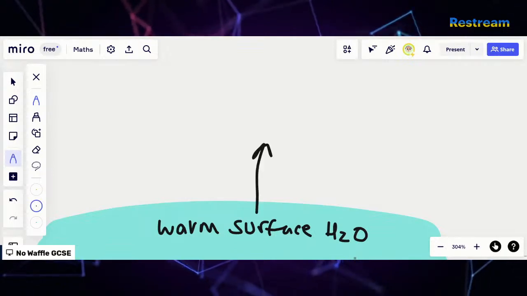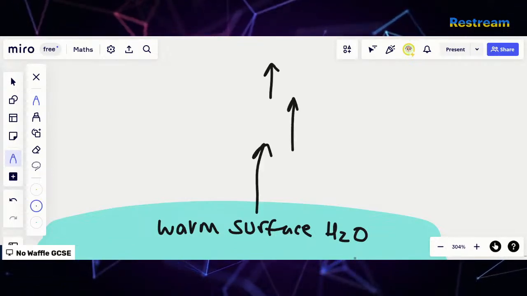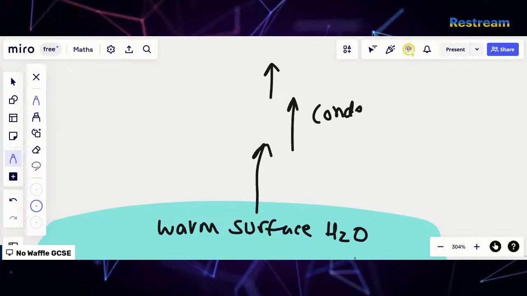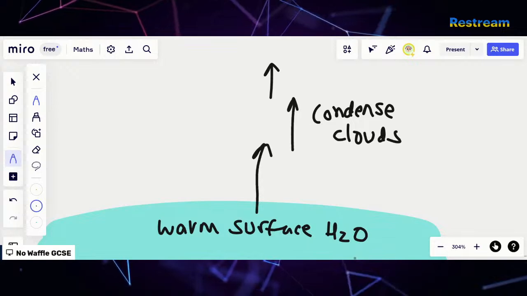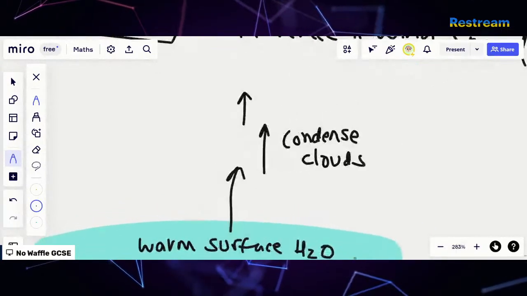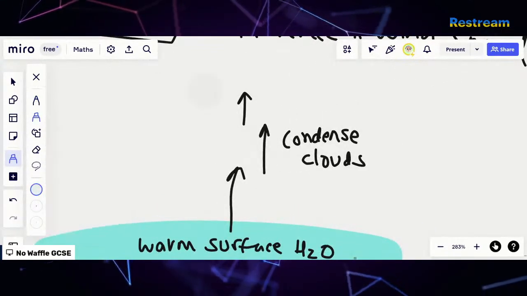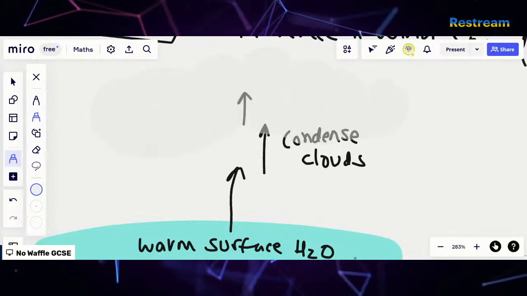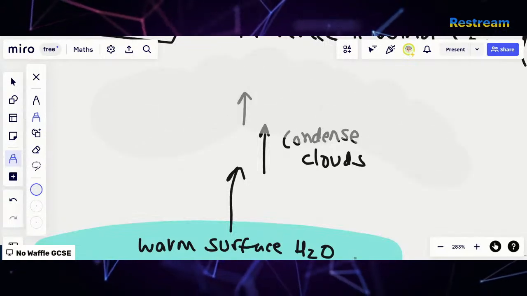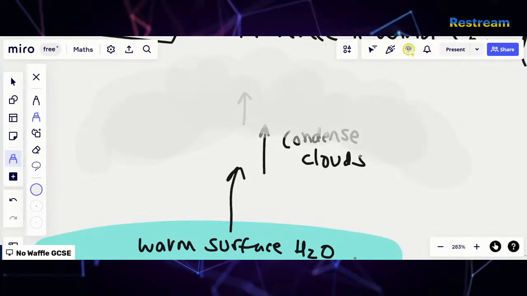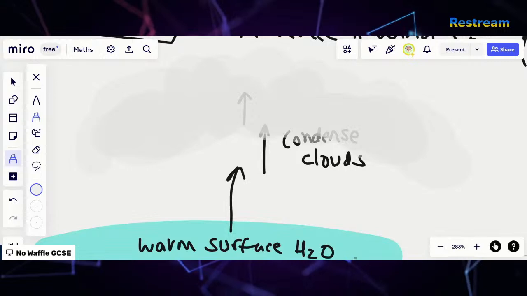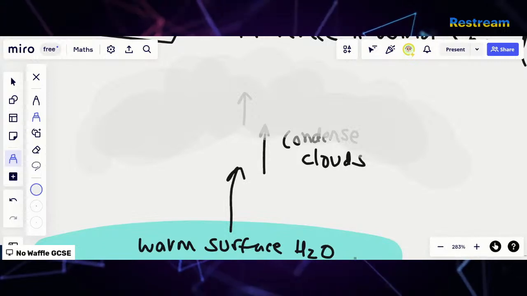And as it rises, it then begins to condense into clouds. So let's draw these clouds. Okay, so now as it begins to condense into these clouds, what happens is this then releases lots and lots of energy.